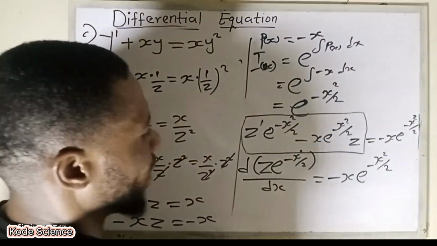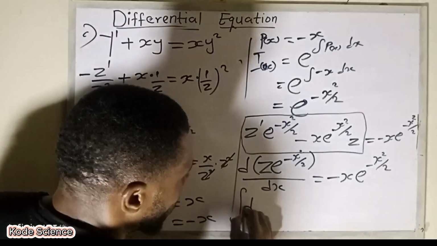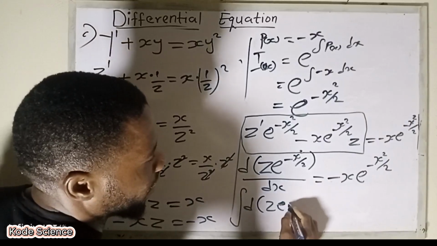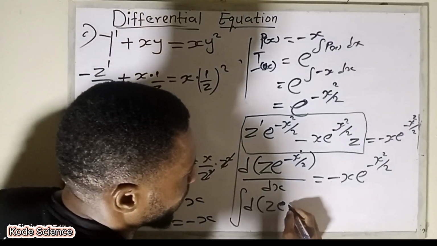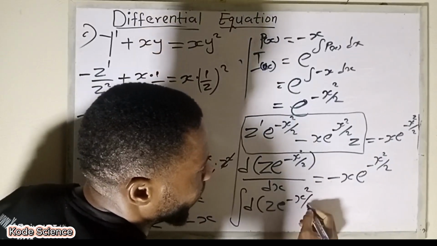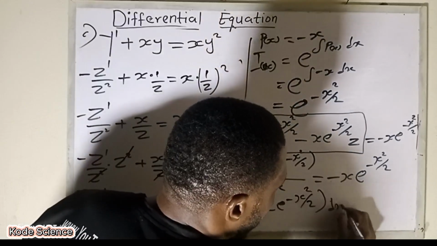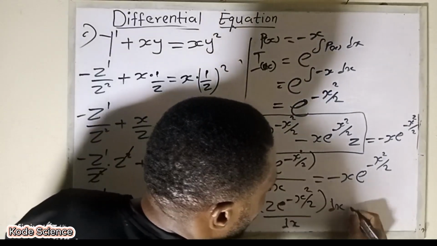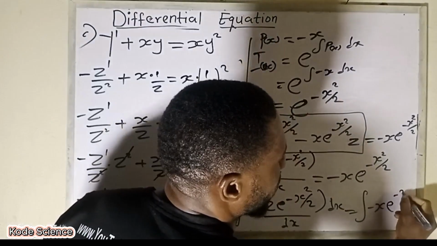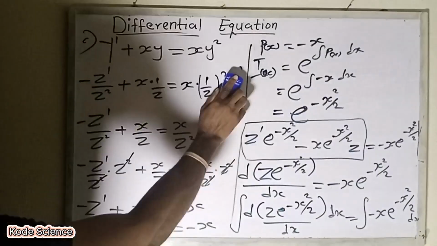So now let's integrate both sides. When we integrate both sides, d of z exponential negative x squared over 2 over dx dx is equal to the integral of negative x exponential minus x squared over 2 dx.